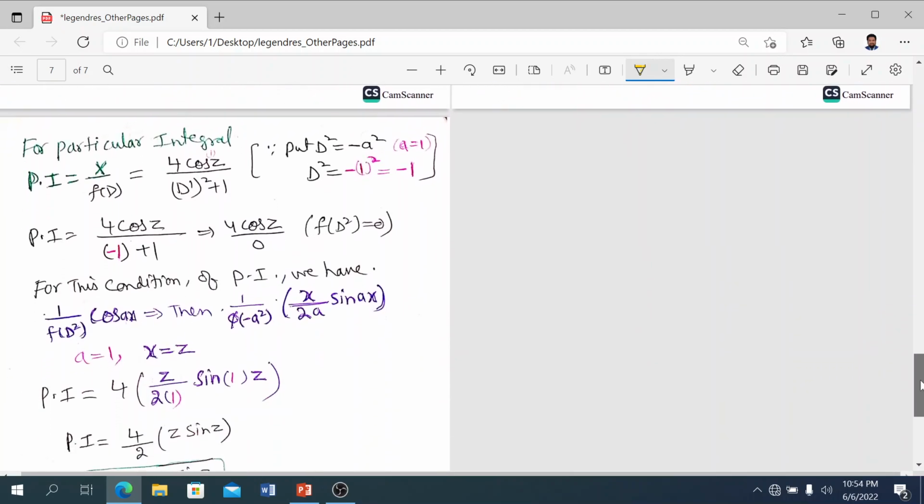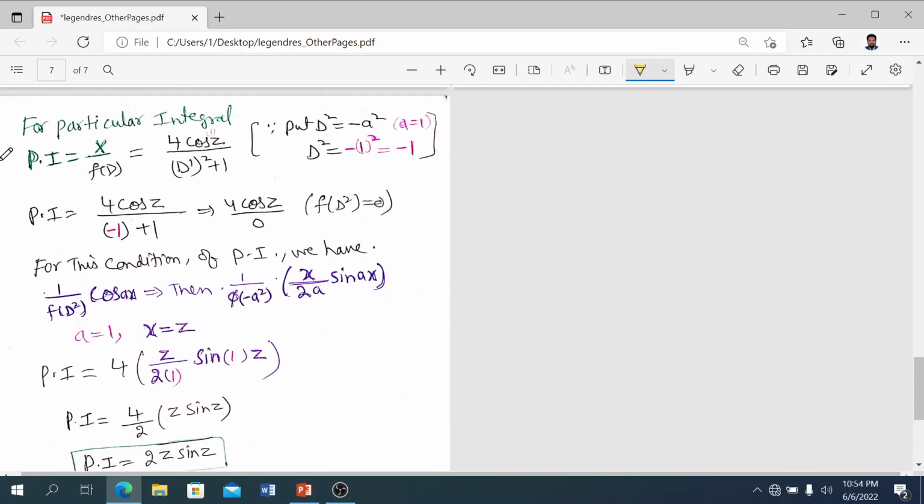Now we will go for the particular integral. For the particular integral, we know the formula: particular integral is X by f of D. X means 4 cos z. f of D means D prime whole square plus 1. In this case, put D square equal to minus a square.